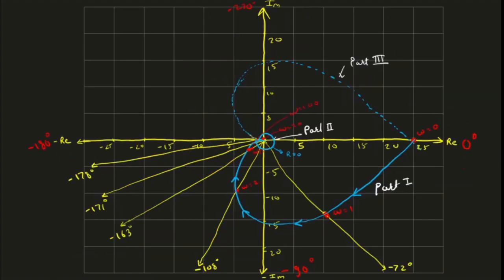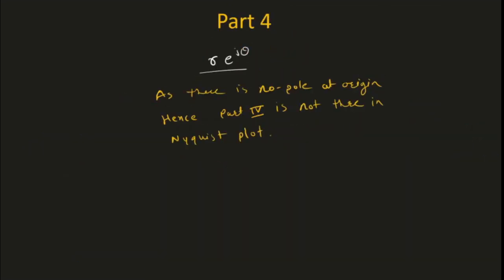So in the graph we have drawn here, the -1 point is somewhere here, because at angle -178 degree, the value is 0.05. So -1 will be somewhere around here, -1 plus j0 is here. So there is no clockwise or anti-clockwise encirclement of -1 plus j0.